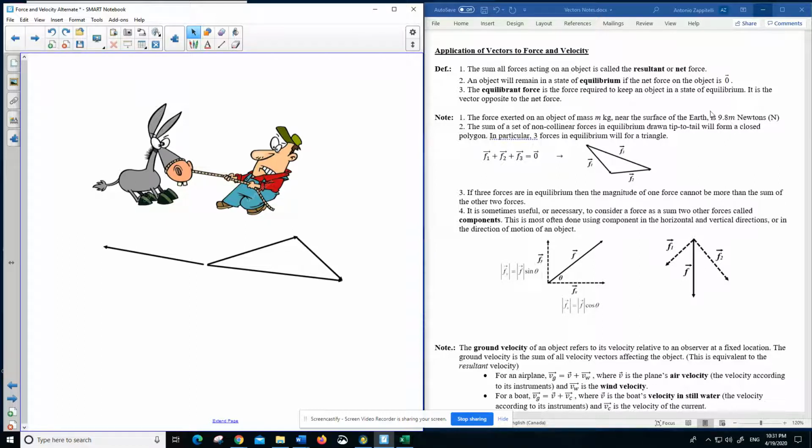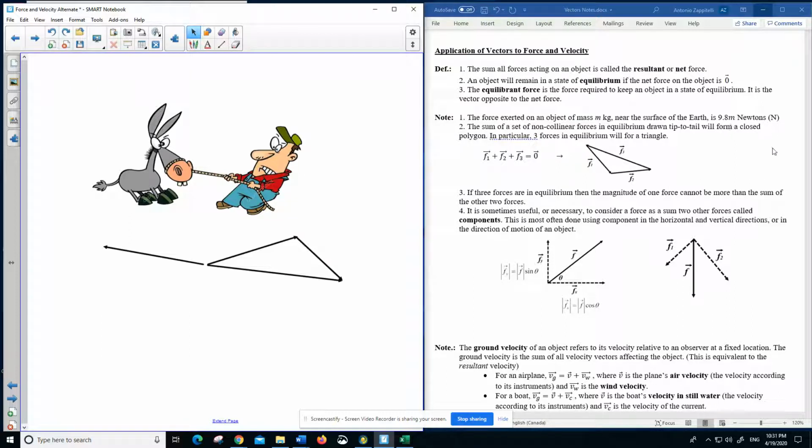Now 9.8 represents the acceleration due to gravity, so you might recognize that formula: force is equal to F equals ma, the mass times the acceleration. So as long as you're near the surface of the earth, this is the formula that will give you the force due to gravity. If you're on the moon, it's about 1/6 that acceleration, so it would be 1/6 the amount of force pulling down.